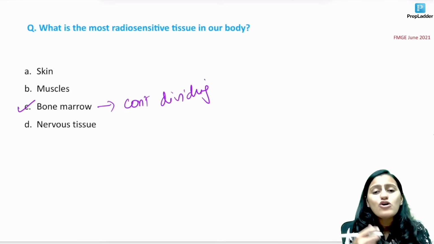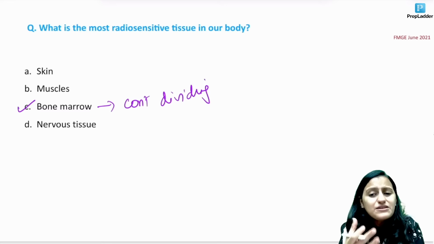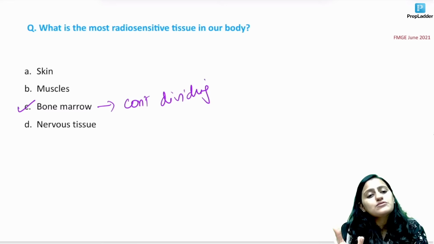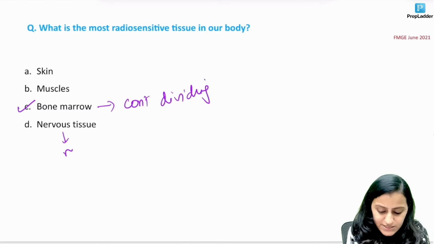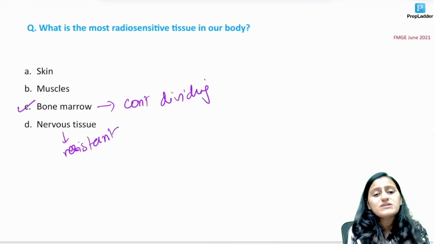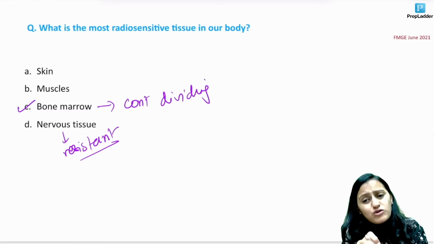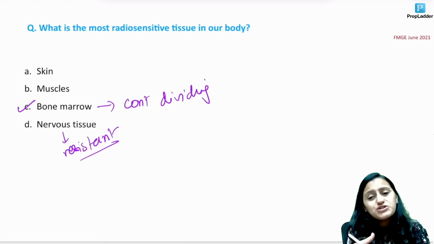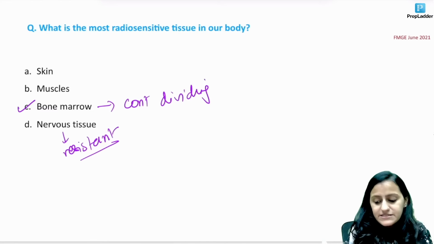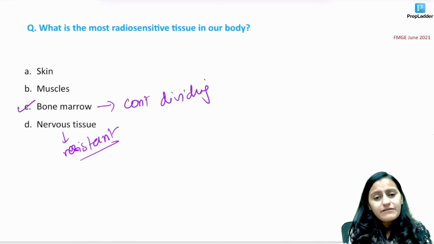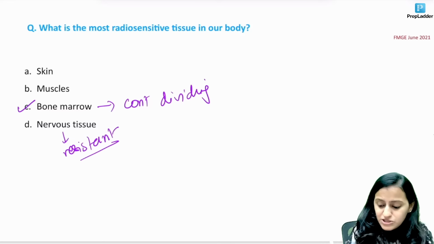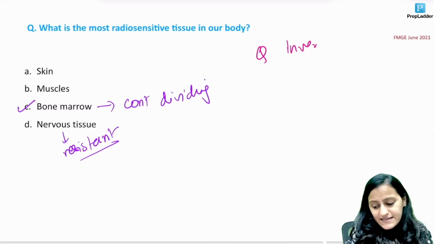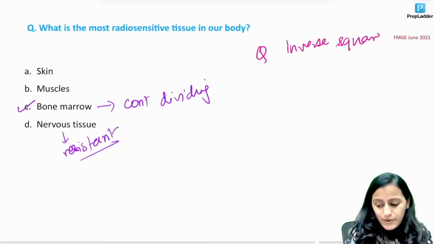So there is the law of Bergonie and Tribondeau which states that continuously actively dividing cells are radiosensitive. Nervous tissue is going to be the most resistant because it does not divide. If you have bone marrow also and gonads also in the option, then gonads are more sensitive. Okay? Clear with everyone?